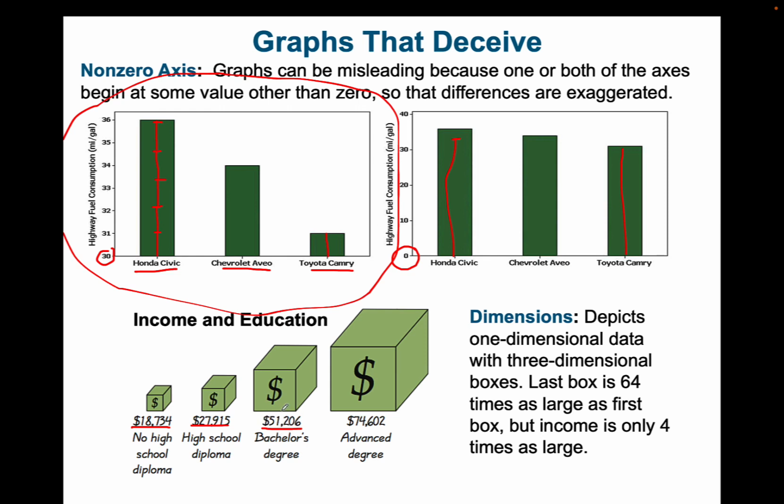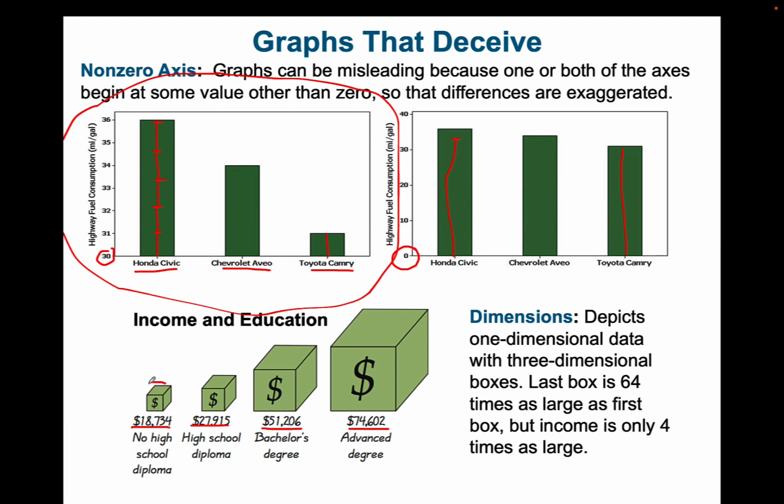Maybe this was an annual salary for a certain year of those who have obtained a bachelor's degree. Advanced degree, 74,602. Okay, so this is the data, these dollar values here. But up here, we have this visual tool that they're attempting to use. But the visual tool that they're using is a 3-dimensional tool. 3-dimensional tools should not be used to represent dollars, which are first-dimensional.